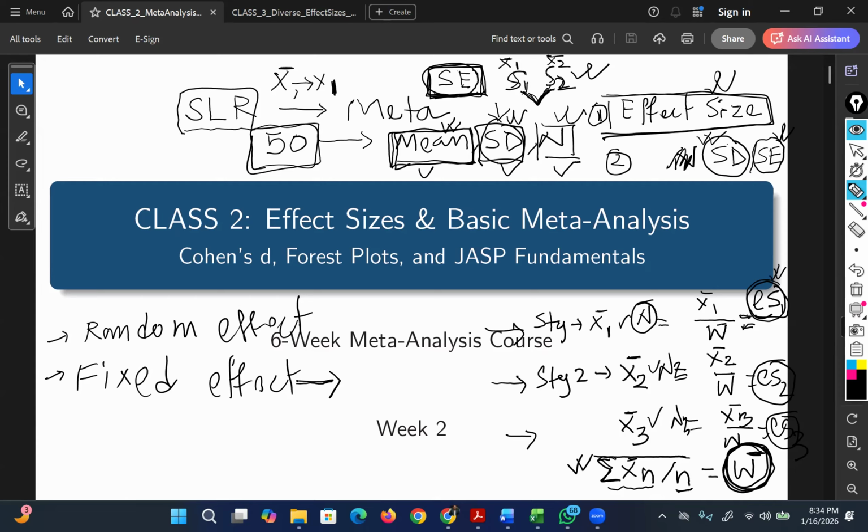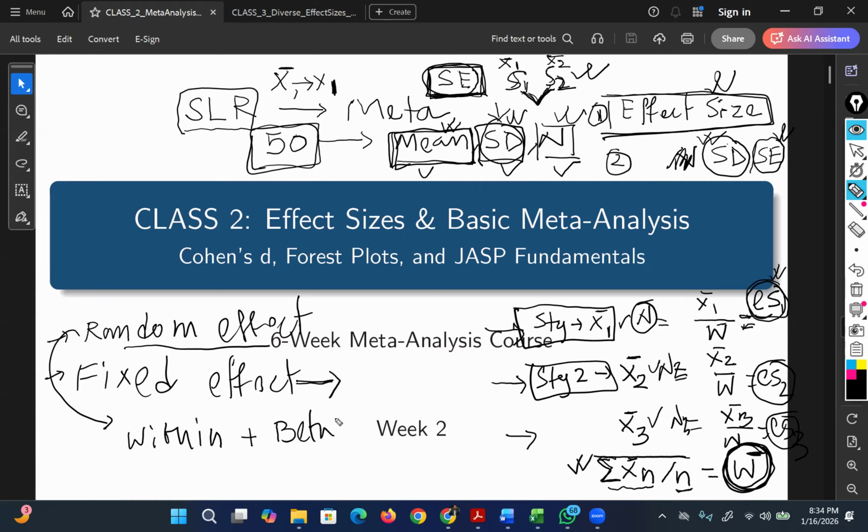However, the random effect model says that within the study, meaning each study has its own variation, there is variation within and between the studies. So the random effect model calculates within-study variation plus between-study variation, between meaning study 1 and study 2.